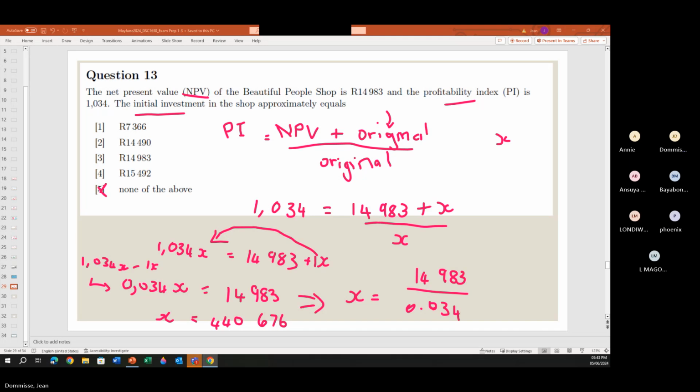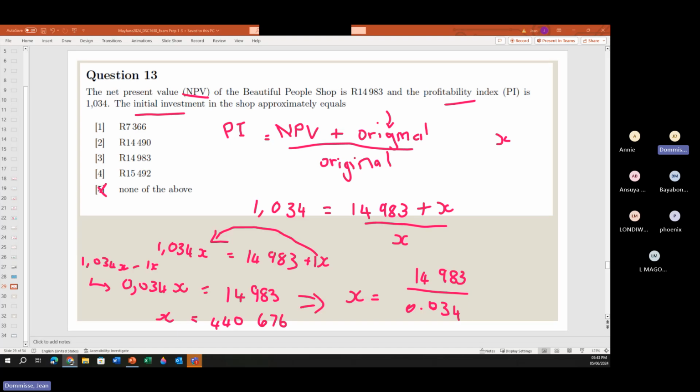This is from chapter 5, I think. Let me quickly check my study guide.